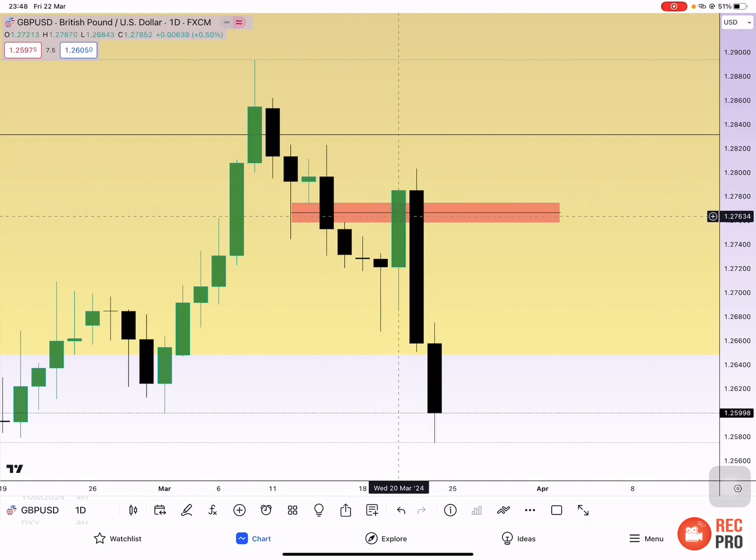This is a really common situation, that if we see that this fair value gap is aligned with this order block, and an order block is the last up close candle. If we are looking for a bearish order block, it's the last up close candle before the down move.